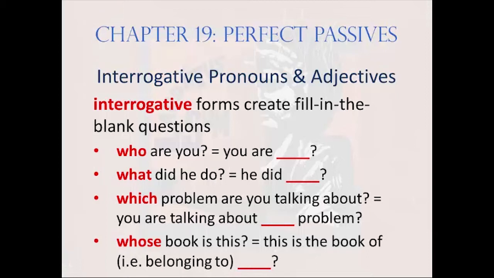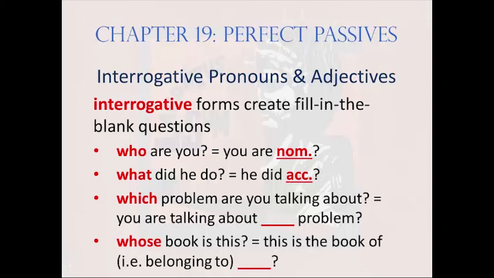In the first sentence, it would be a nominative interrogative pronoun because in the sentence you are blank, the blank is a predicate nominative. In what did he do, meaning he did what, the what is the direct object and would therefore be accusative in Latin.